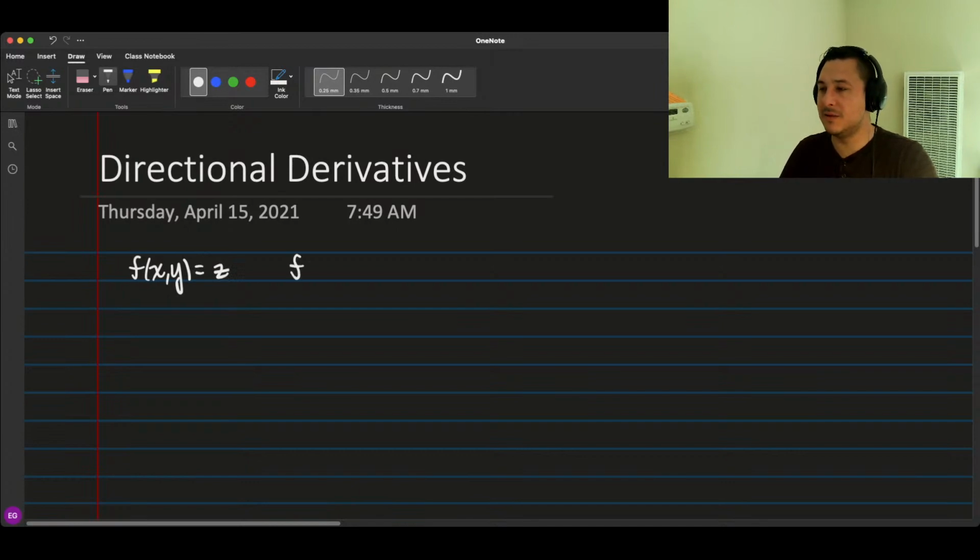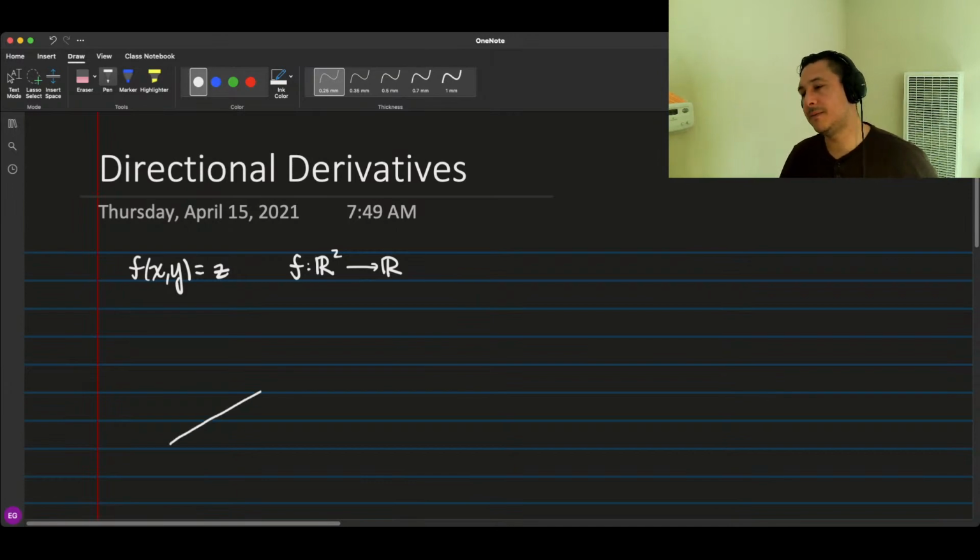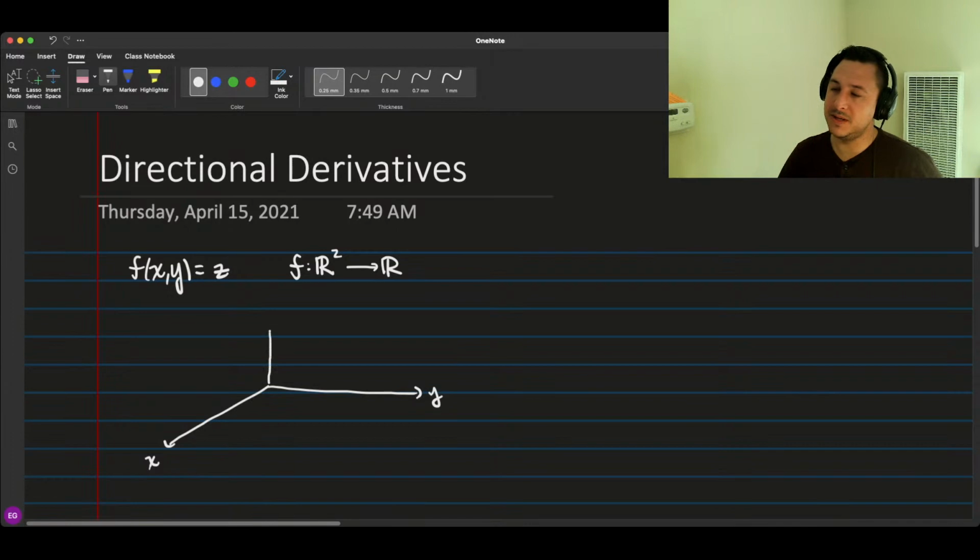That has two input variables, a single output variable. It's a two variable function, which means the domain is on the xy plane. So x, y plane, and then here's that dependent variable, the z-axis.